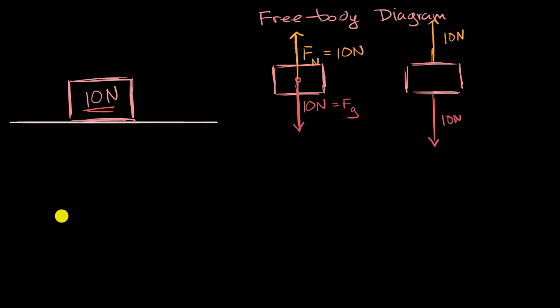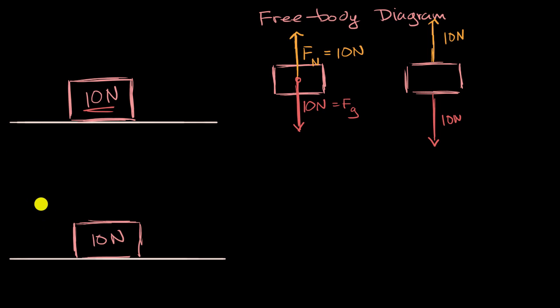Now what I want to do is do something interesting to this block. Let me redraw it. So I have my surface here, my hard frictionless surface, and it's flat. And I still have my block here. It's my 10 Newton block. But now I'm going to apply a force to it. I am going to apply a force in this direction.